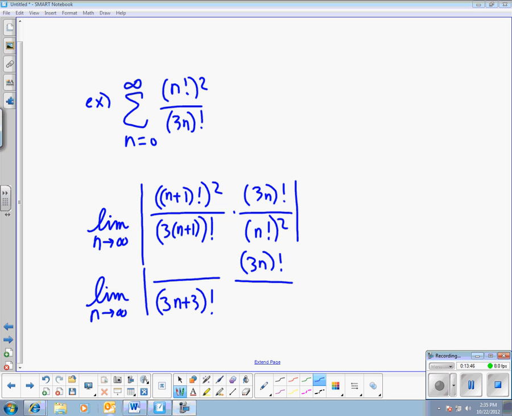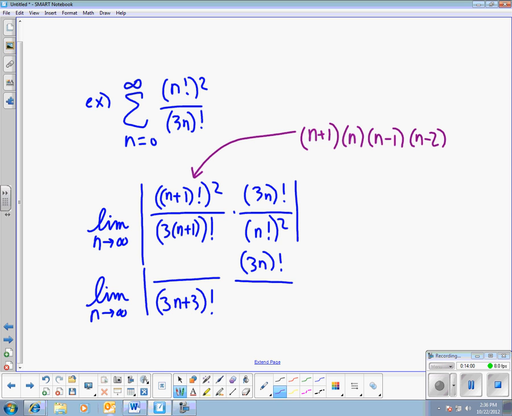And if you think about what those are, let's just look at n plus 1 factorial squared. So n plus 1 factorial is n plus 1 times n times n minus 1 times n minus 2, down to 3, 2, 1. If I square that, then I'm just going to square every single one of those. So it's n plus 1 squared times n squared times n minus 1 squared, and so on, all the way down to 3 squared, 2 squared, 1 squared.